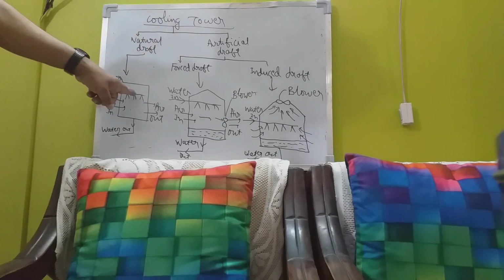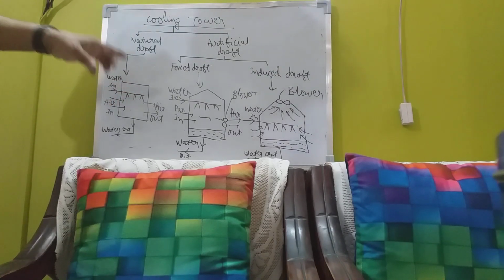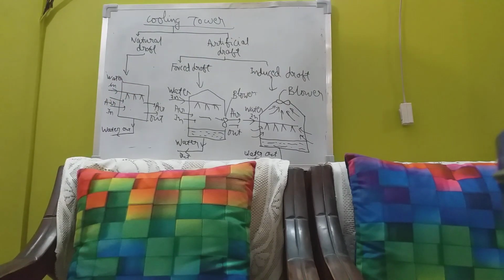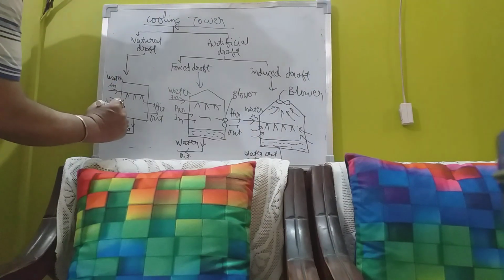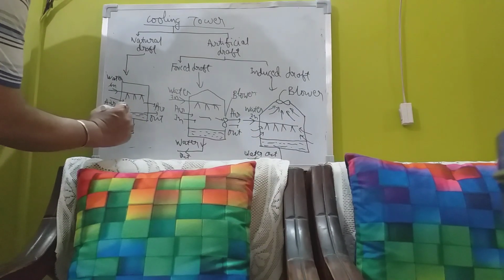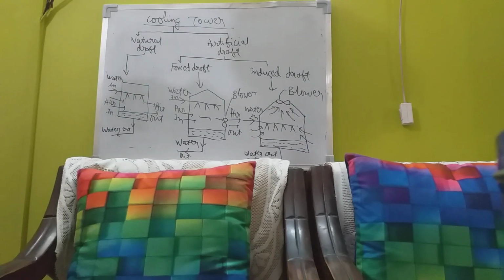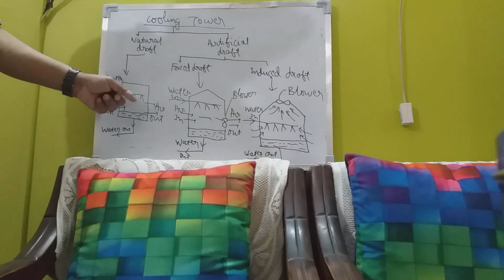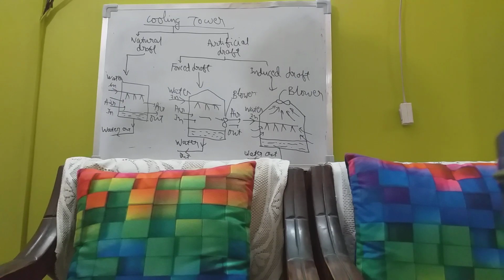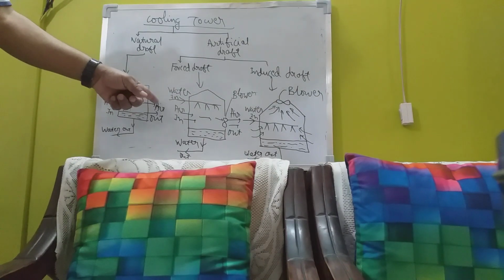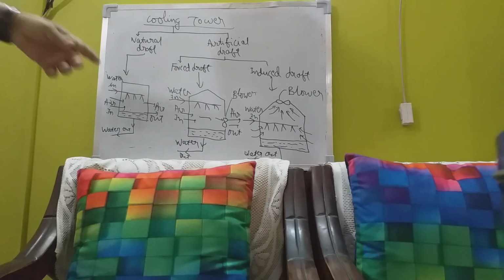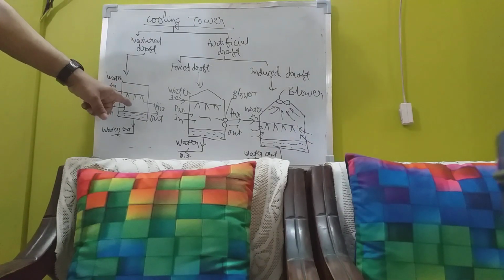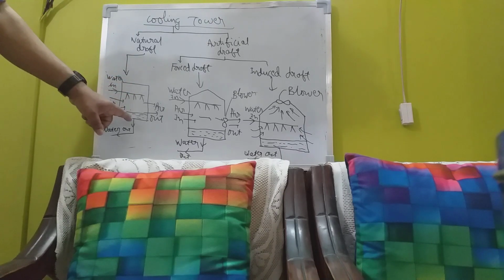Here are nozzles which divide water into small atomic particles. Through these small nozzles, the water falls continuously and gets collected here. And the air comes in and air goes out. As the air comes in and goes out, it takes away heat from water. The latent heat of water is being taken out by air, and the water gets converted from hot water to cold water.